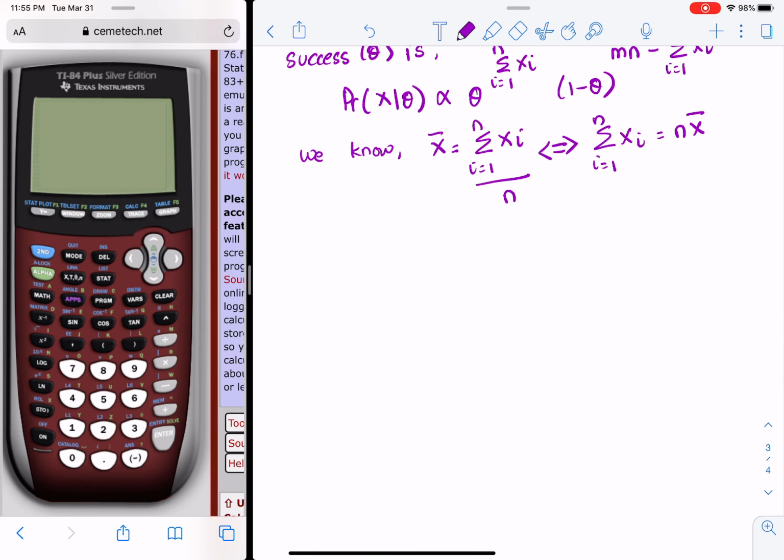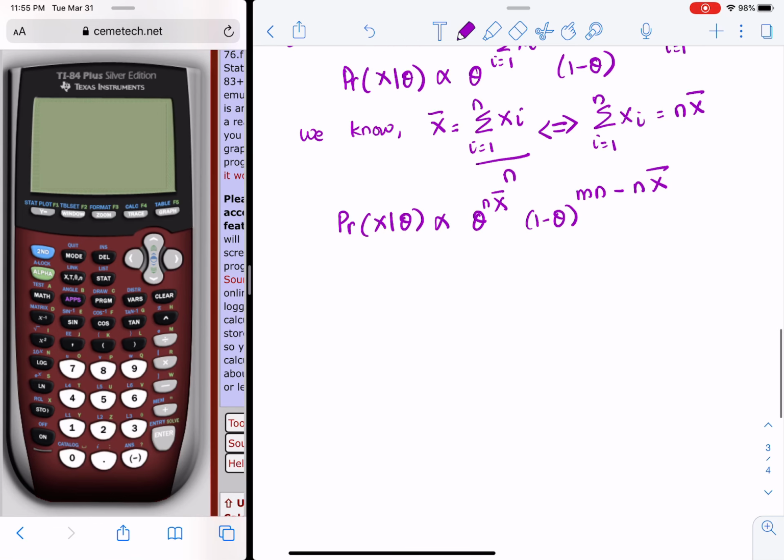So we could also write the likelihood function as the probability of x given theta proportional to theta raised to n times x bar, times 1 minus theta raised to m times n minus n times x bar, which is simply theta raised to n x bar times 1 minus theta raised to n times m minus x bar. So that is the likelihood function for a sample of size n.